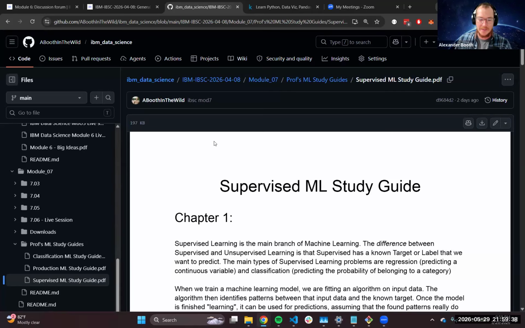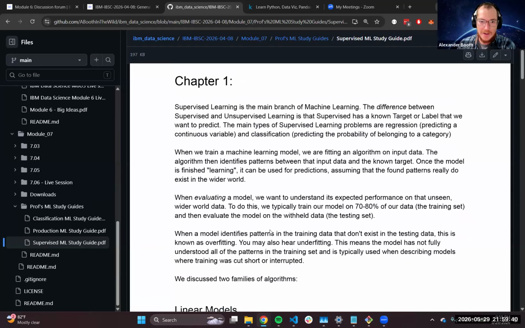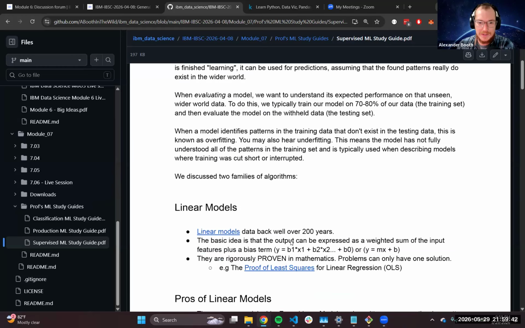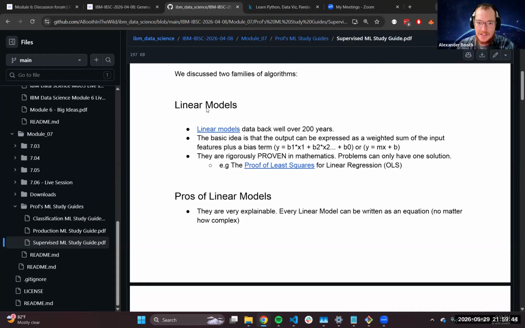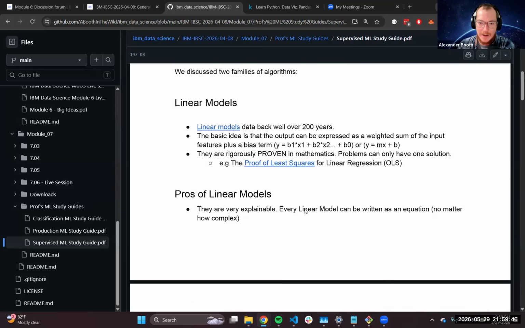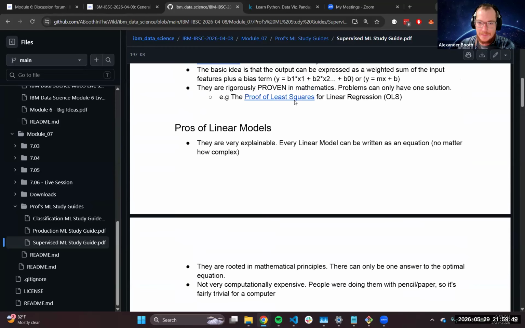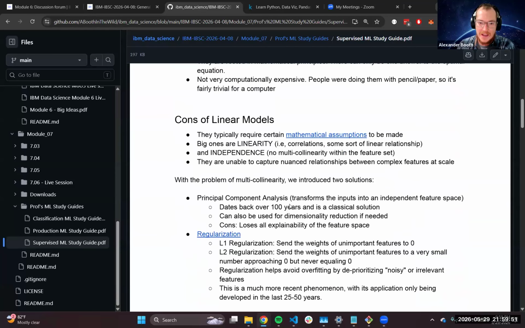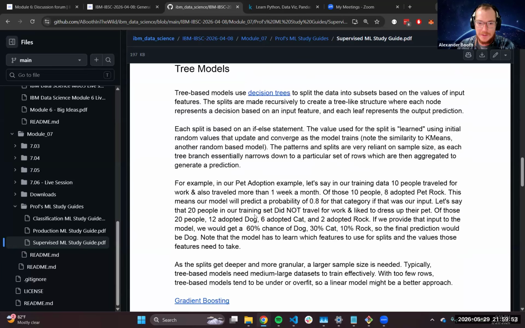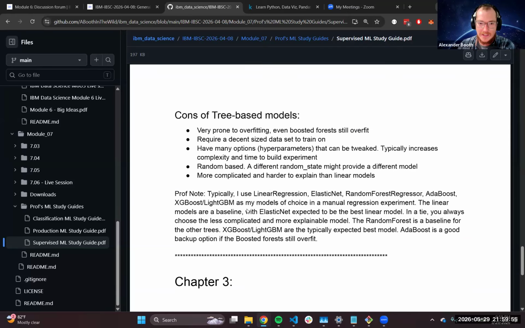These are already in my GitHub, so feel free to download them and look at them when you can. You'll see a deeper dive into linear models, what it means to be proven in mathematics, some examples, and tree-based models, all that good stuff.